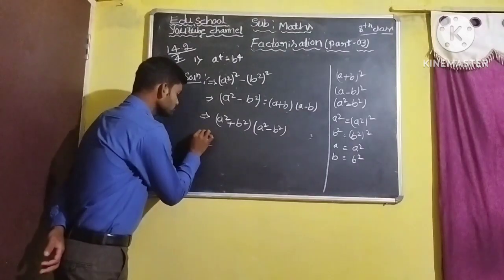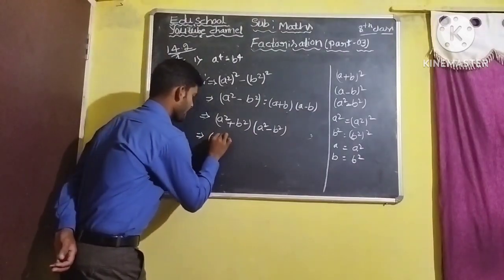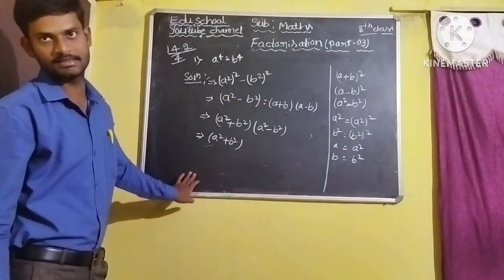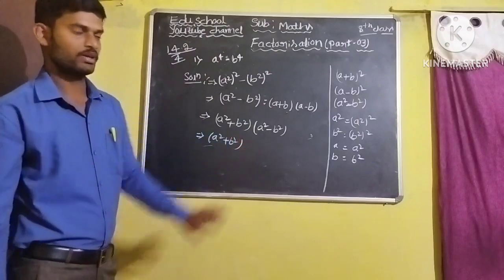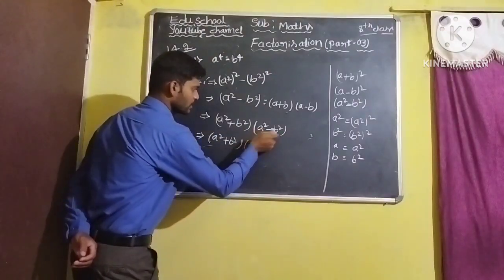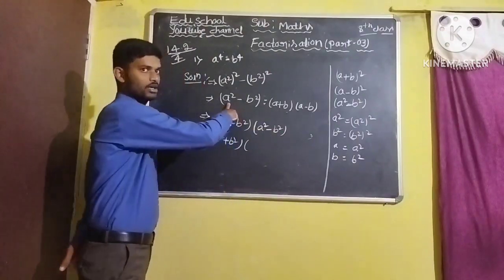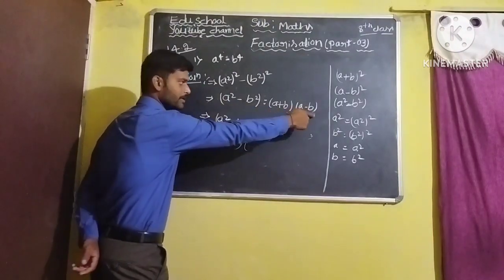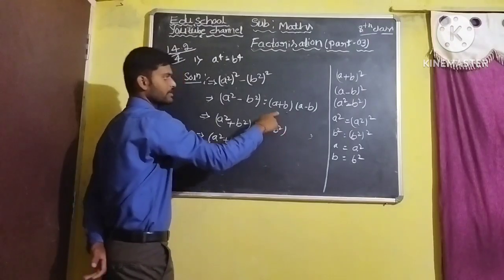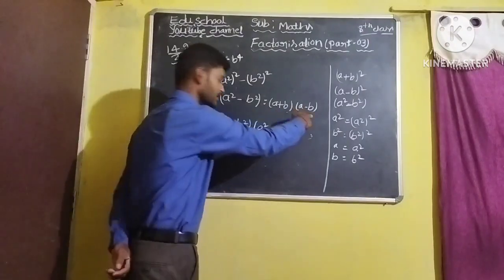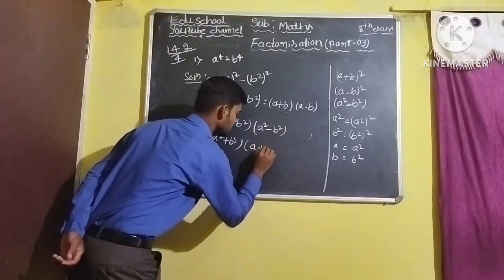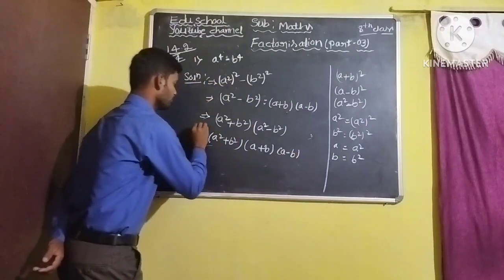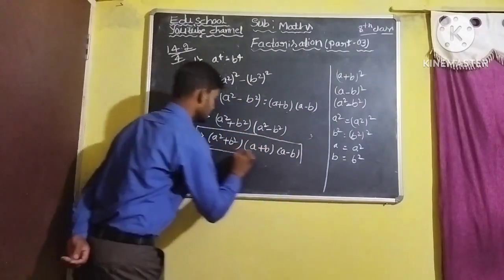So a square plus b square stays the same because there is no identity for it. a square minus b square is in the form of what identity? Third identity. What is the third identity? a plus b into a minus b. a square minus b square can be written as a plus b into a minus b. So this is your final answer, isn't it?